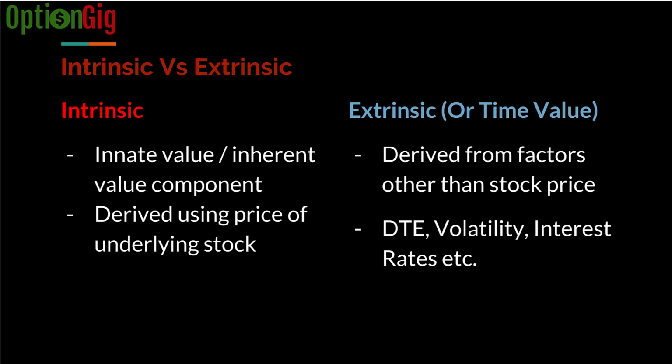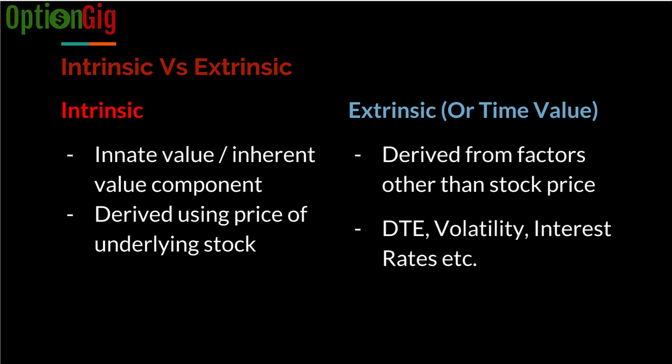It is also referred to as time value in an option because this component is only valid until the expiration of your trade. So once there is no longer time available in the trade, this component will go away. So this is called extrinsic or time value in an option contract.